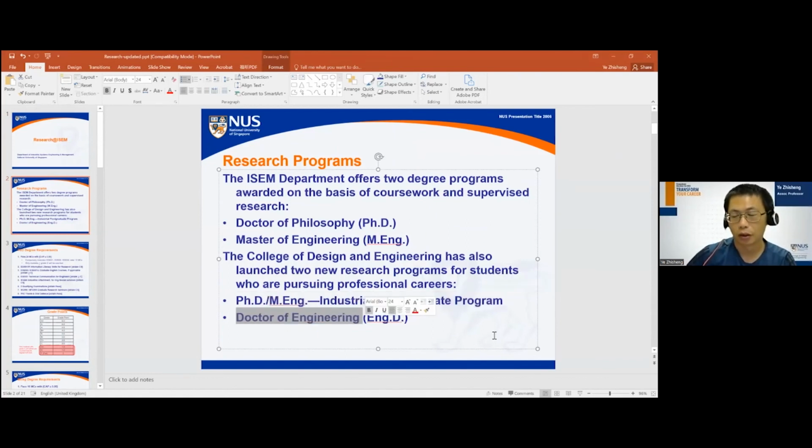These 2 are more for people who are in the industry already and who want to advance their R&D in the industry and pursue a professional career rather than an academic career. But I think both of them are self-funded. If I am not wrong, there's no scholarship to support.